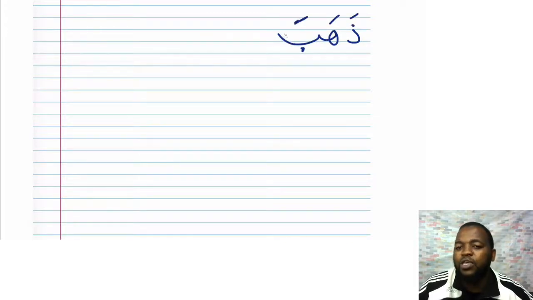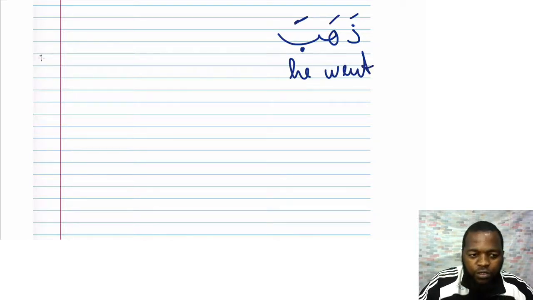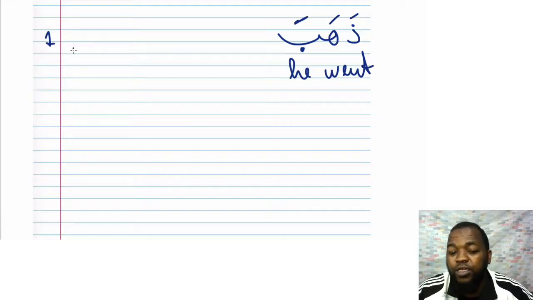Here is the verb dhahaba. So dhahaba means what? Dhahaba means he went. So first question. So this is a verbal sentence, right? First we need to identify where is the verb.